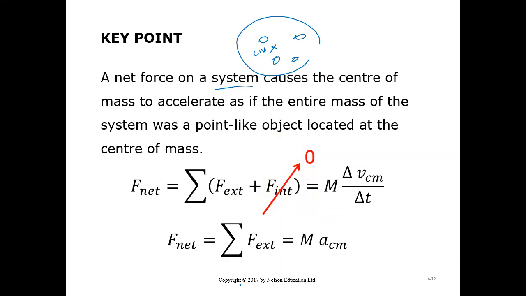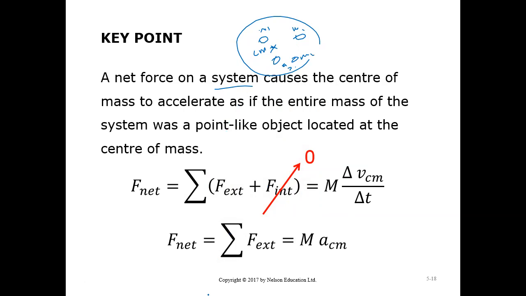And we can say the net force on the system causes the center of mass to accelerate as if the entire mass, so let's say the system consists of 4 masses, M1, M2, M3, M4.